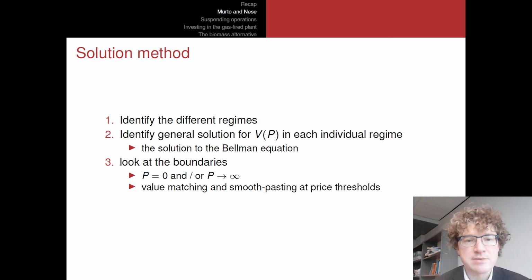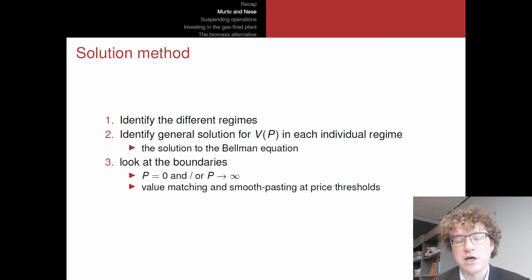In each of these steps, we're going to work according to the methodology that we have been looking at so far. First we look at the different regimes: it might be a waiting regime, or a production regime, or an immediate investment regime. We identify those, and then we identify the solution for the value as a function of the price of gas P in each of these regimes. These solutions, particularly in the waiting regimes, will look like solutions to Bellman equations, so we have to solve those Bellman equations again.